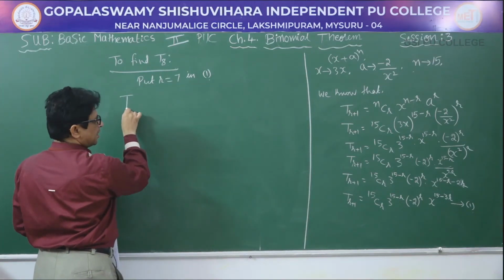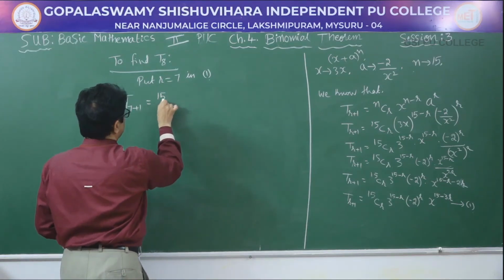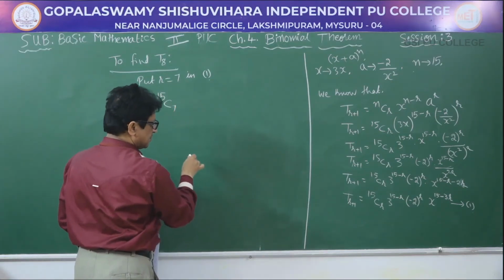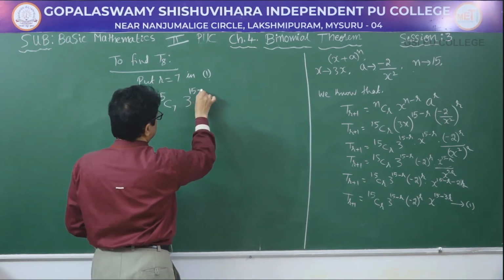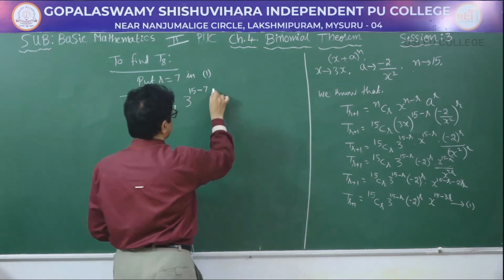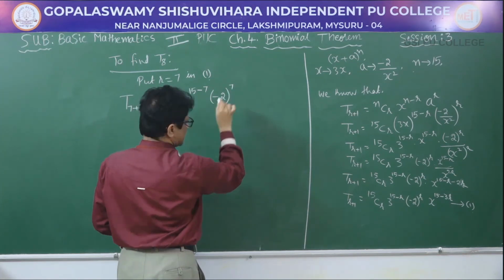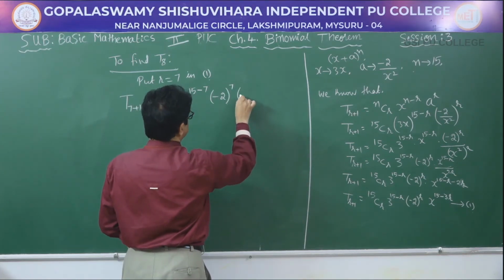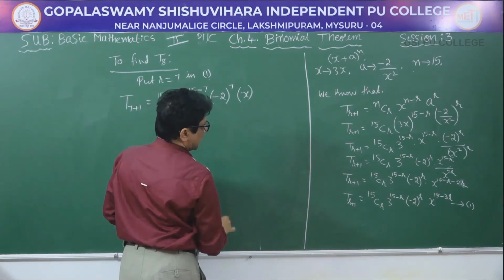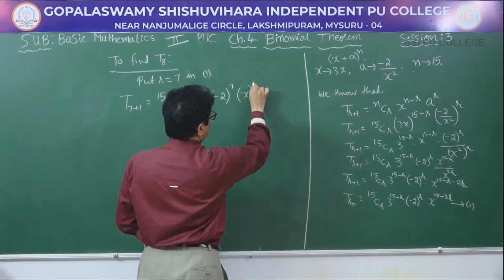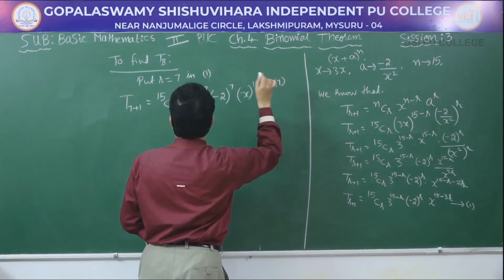So, we get T(7 plus 1) is equal to 15C7 into 3 power 15 minus 7 into (minus 2) whole power 7 into x power 15 minus 3 into 7.